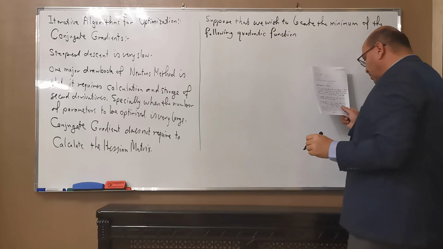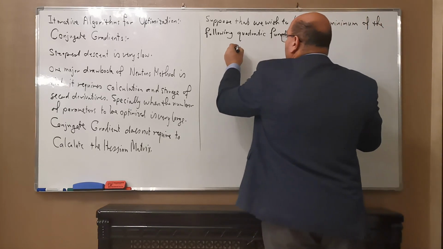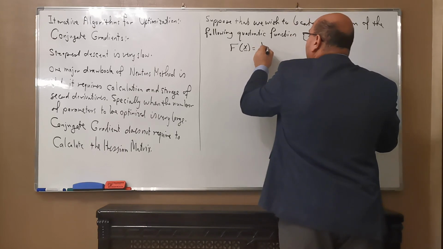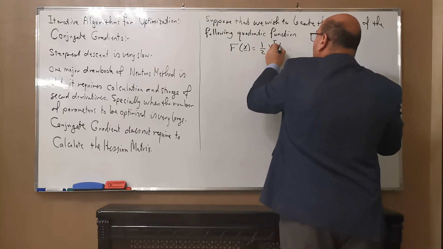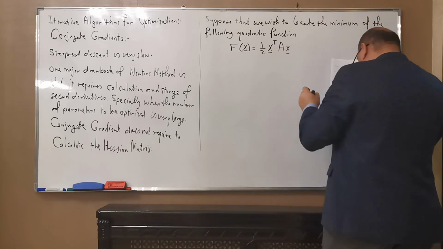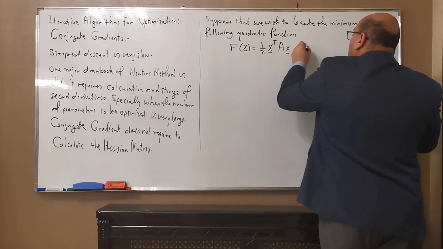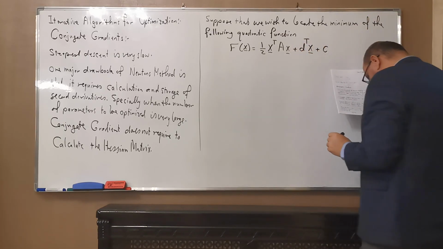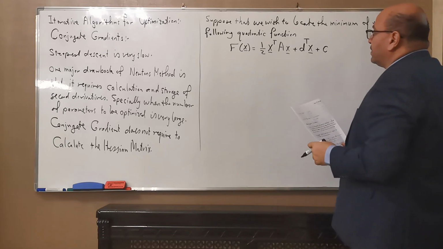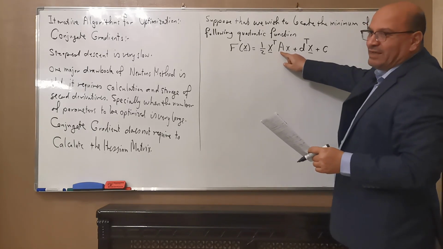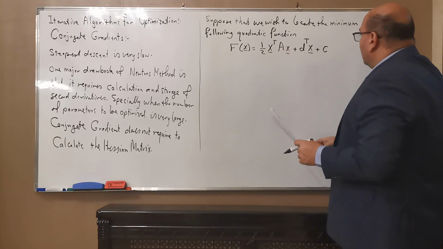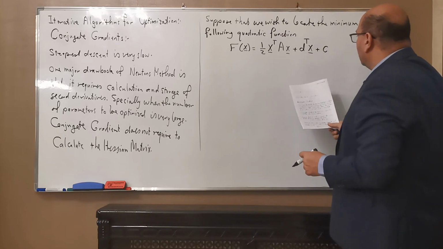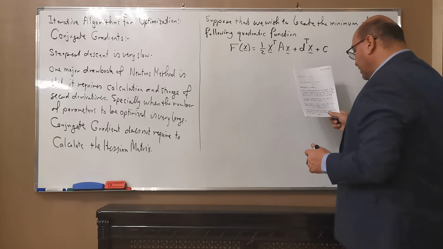So I have a quadratic function, and we'd like to find the minimum. Our function is f of x equals 1/2 x transpose A x plus d transpose x plus a constant c. Okay, so this is our quadratic function. Definitely A is the Hessian, we know that, and Ax plus d is the gradient.